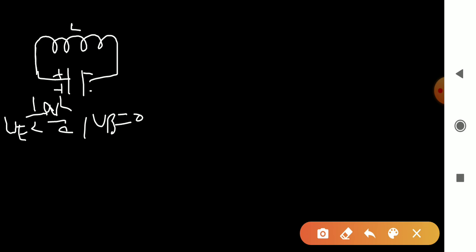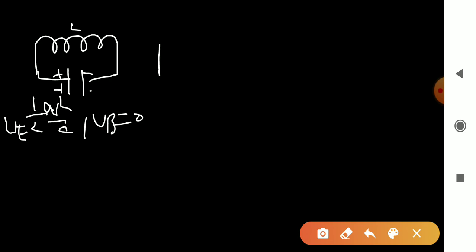The total energy stored in the plates of a capacitor is half Q square upon C. This is the energy stored in the electric field between the plates of the capacitor, and the energy stored in the magnetic field is zero. So the electrical energy is half Q square upon C and the magnetic energy is zero, since there is no current in the circuit at this moment.